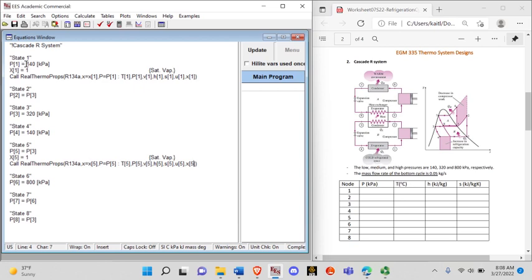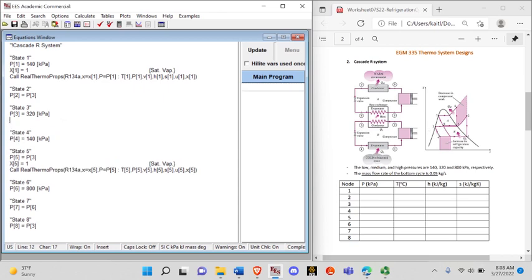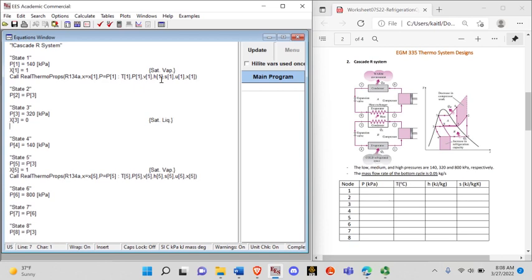Okay, so now we solved all of state 1, all of state 5. We know that state 3, once the working fluid leaves the condenser, it's a saturated liquid. So we can go to state 3, and we know quality at state 3 equals 0 then, because it's a sat liquid. Then we can copy and paste this again. And it's really important that you change the elements in these arrays, or else your output will be wrong.